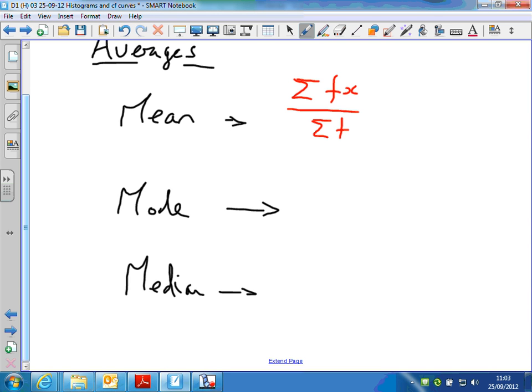That's saying, arithmetically, add the numbers and divide by the number of numbers, the frequency. So if you see that formula, that's what it means. This symbol here means sum of. And I'm sure a lot of you have seen that symbol before.